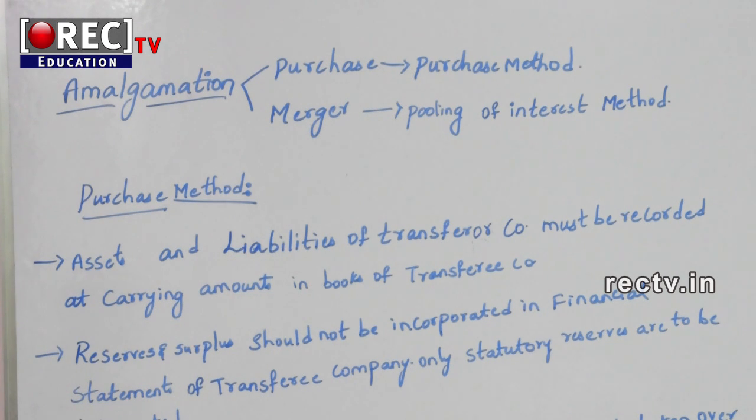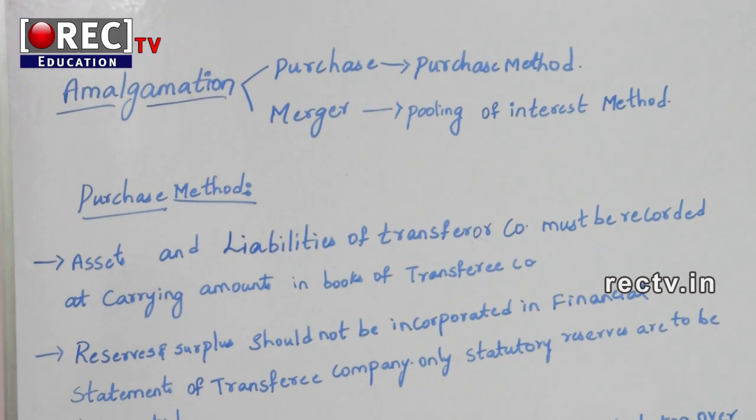If the amalgamation is in the nature of purchase, we have to account for it under the purchase method. If the amalgamation is in the nature of merger, we have to account for it under the pooling of interest method. Now let us discuss very briefly what the purchase method and the pooling of interest method are.